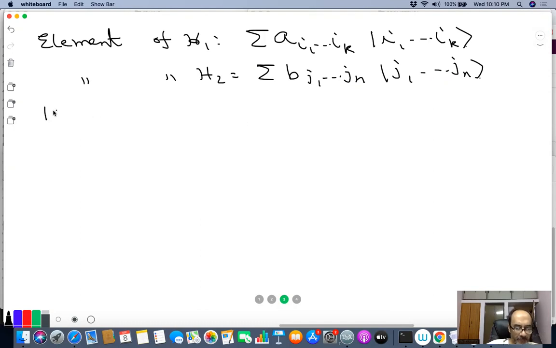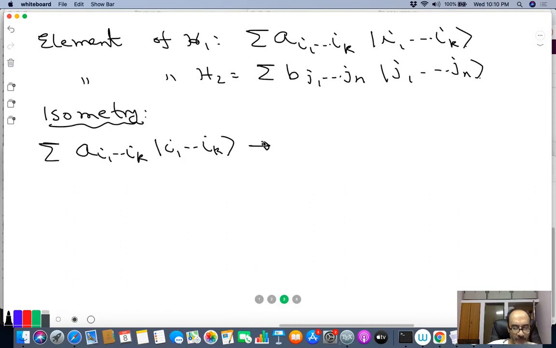So the isometry map, let me now write it as a matrix. You start from there, the sum A I1 to Ik. It's a linear map, so this will go to a sum over J1 to Jn, I1 to Ik, of some matrix.